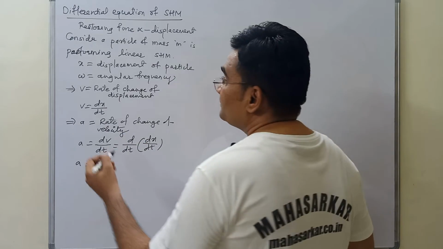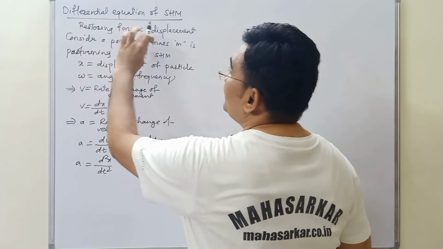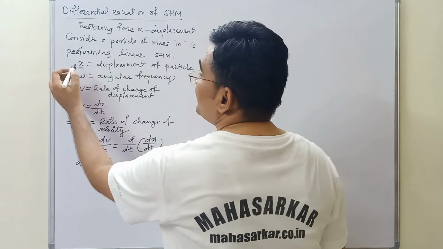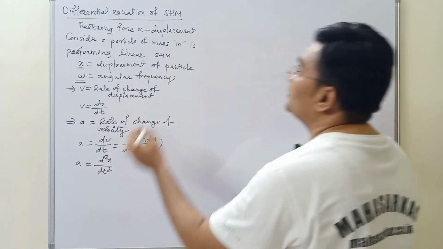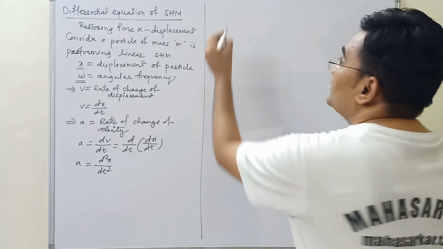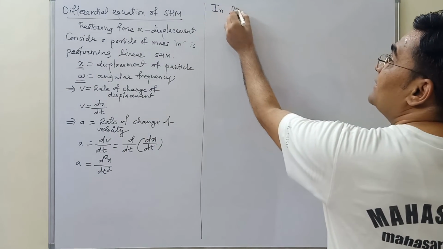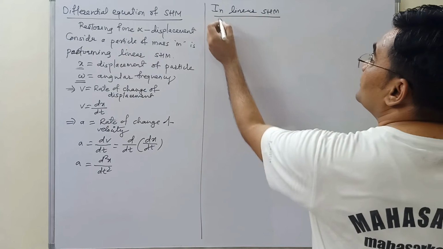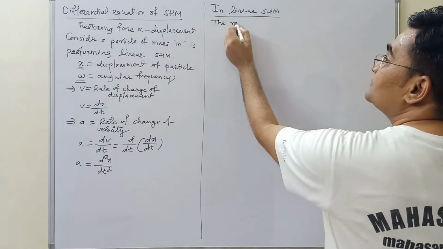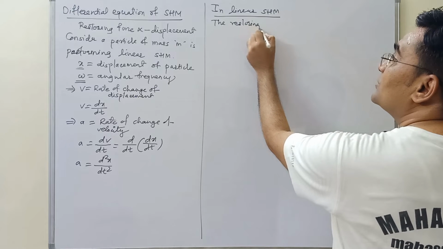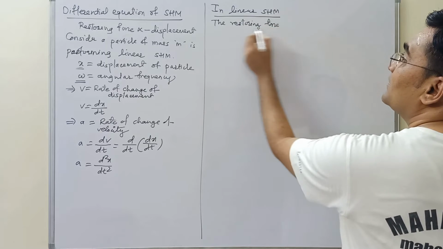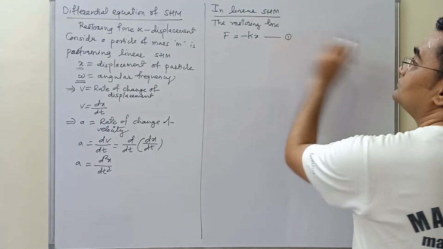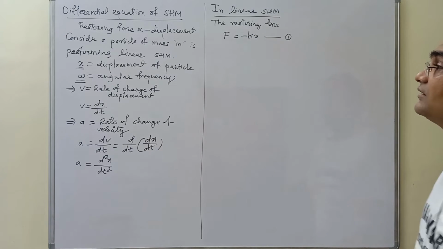Okay. So the particle is performing linear simple harmonic motion. x is the displacement of the particle and omega is the angular frequency. So in linear SHM, the restoring force is given by F equals minus k into x. So this is equation number 1.